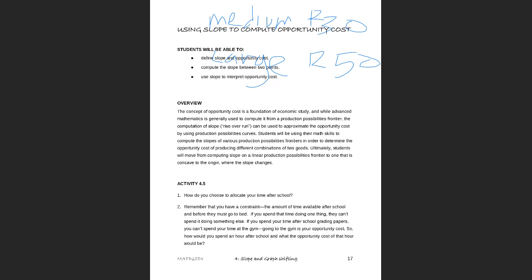Then when you were going to the canteen, you wanted to buy the one for 50 rand. But when you got there, you wanted to buy a drink, and the drink was costing 20 rand.